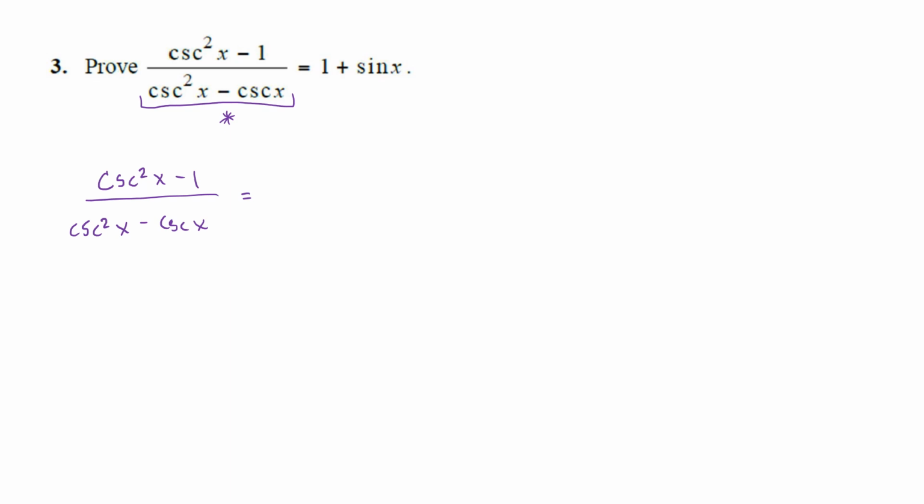Okay, so we're going to expand this ratio using some algebraic formulas. So in the numerator, we have two perfect squares that are being subtracted from each other. So that's the difference of squares, because cosecant x is being squared and 1 is a perfect square. So I can rewrite this as cosecant x minus 1 times cosecant x plus 1.